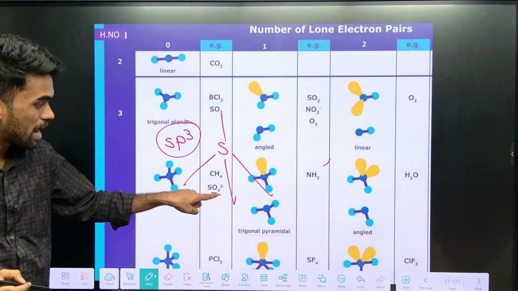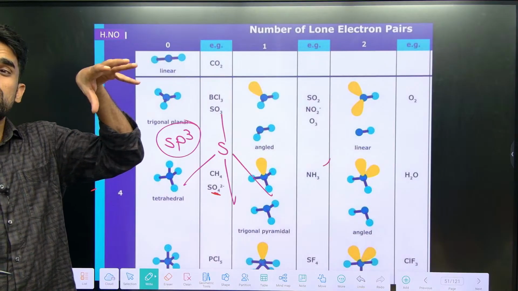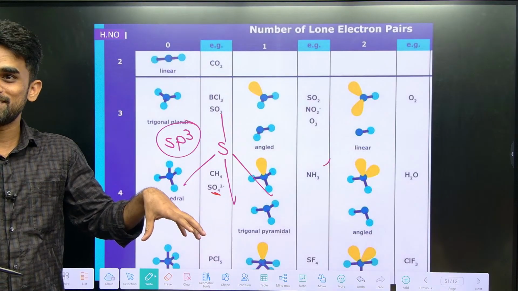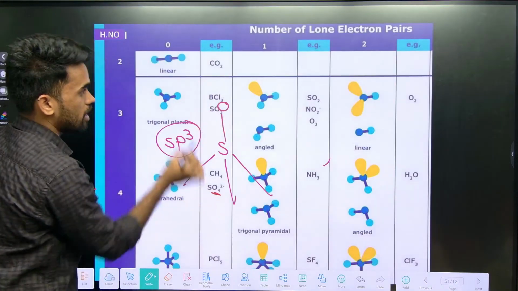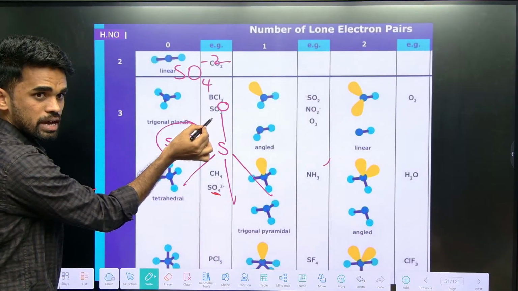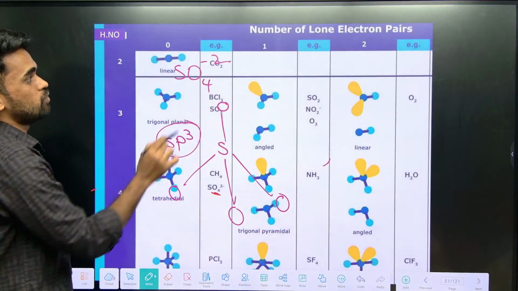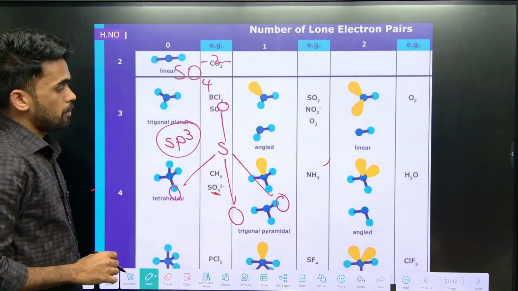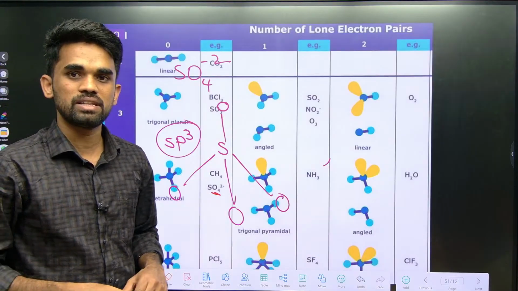SO4 minus 2 means 4 oxygens are there in the surrounding atoms: 1, 2, 3, 4. Next, what is the charge? Minus 2. How many valence electrons does sulfur have?